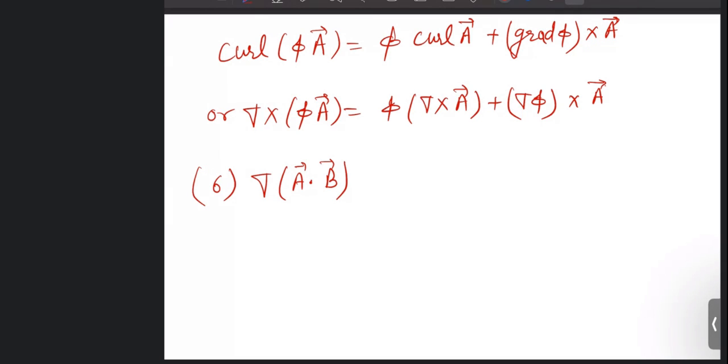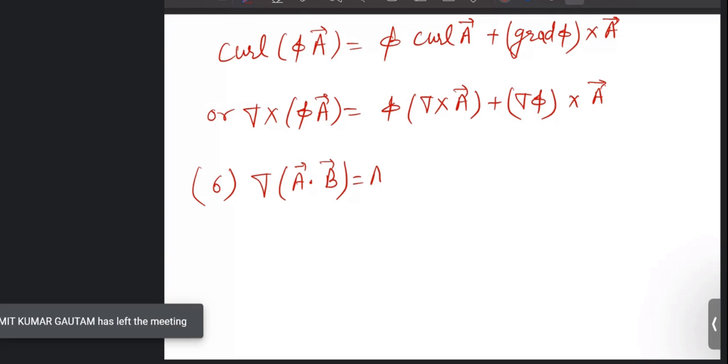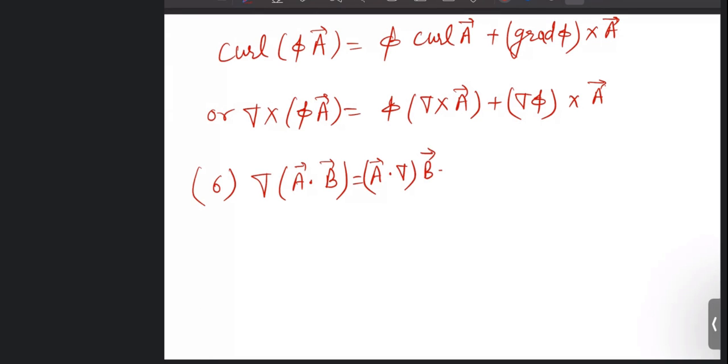Gradient of A dot B will be equal to A dot del into B plus B dot del into A plus A cross del cross B, and similarly the last term will become B cross del cross A.